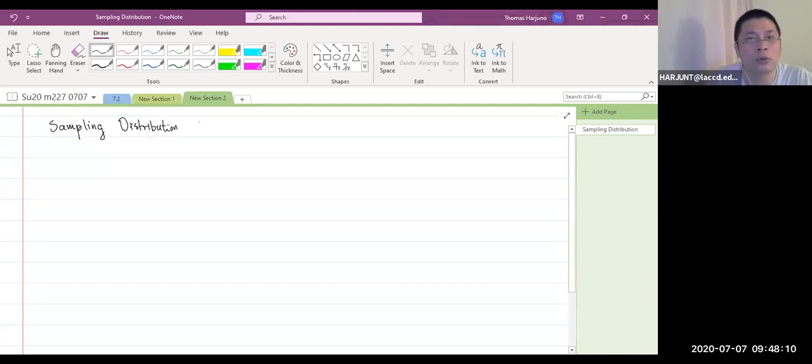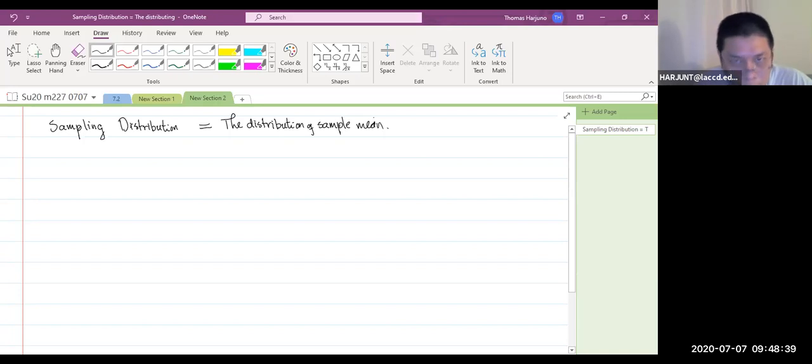Now I want to clarify that sampling distribution actually can be seen as the distribution of sample mean. Okay, the distribution of sample mean.